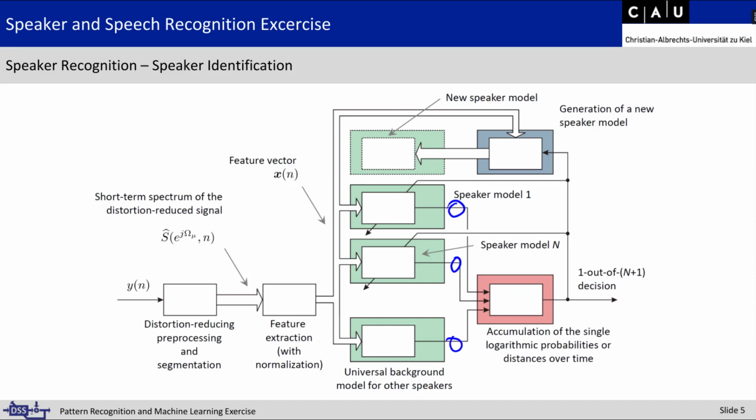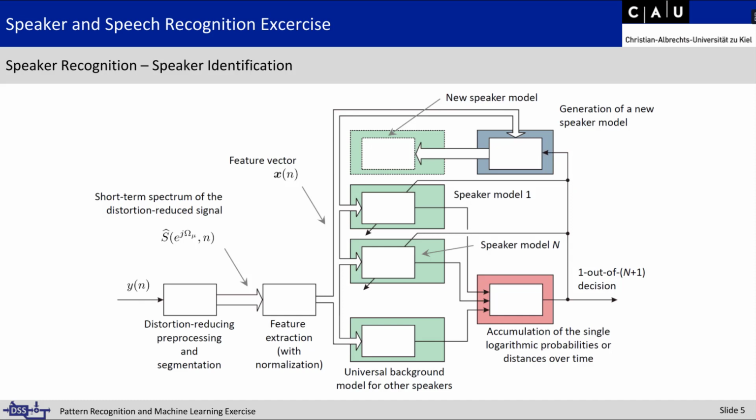We can calculate the probabilities and look up which is the most probable speaker of those models. If the universal background model, for example, is the winner, we may also create a new speaker model with training. So we would look at the output and if the universal background model is depicted, we would just train our model with those input signals.